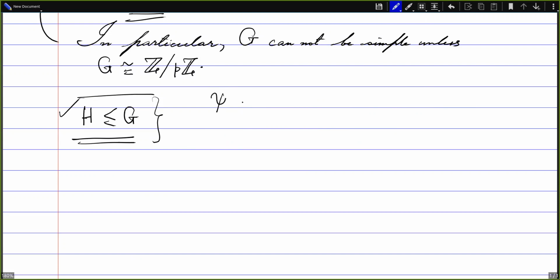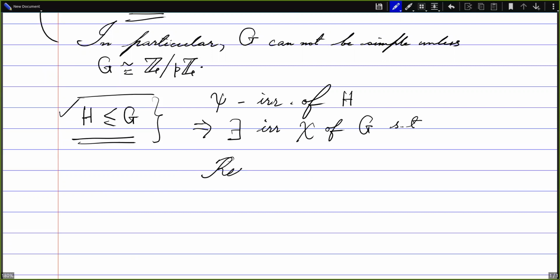If psi is an irreducible character of H, then there exists an irreducible character chi of G such that the inner product of the restriction of chi with psi is non-zero.